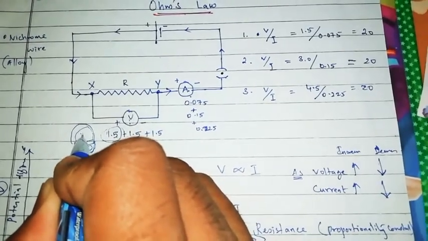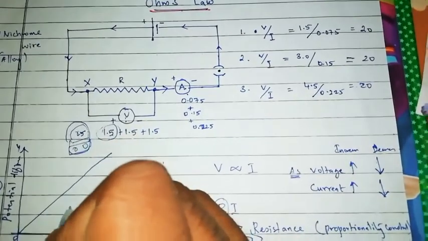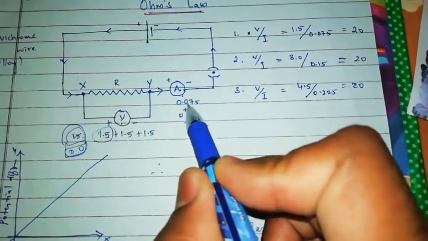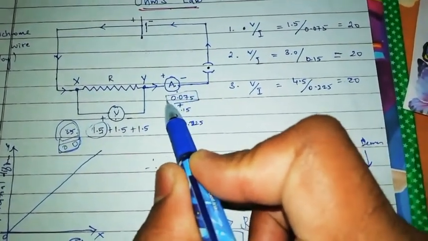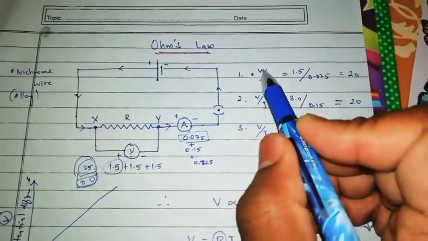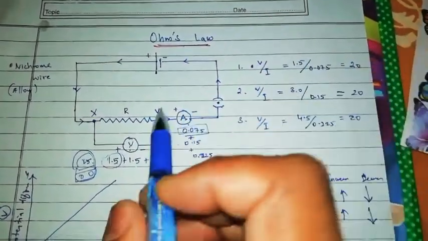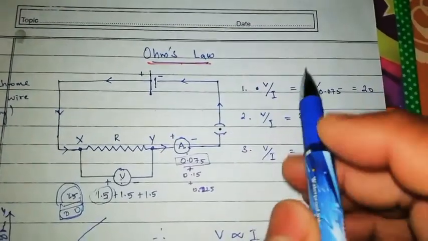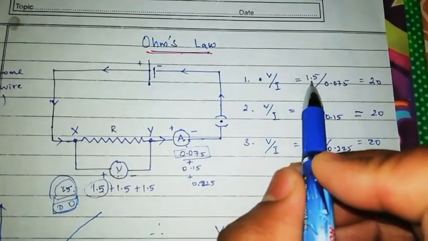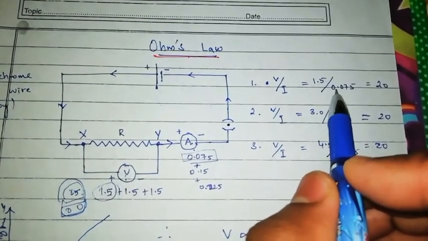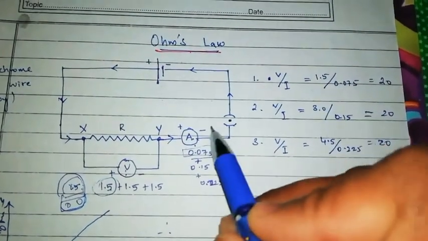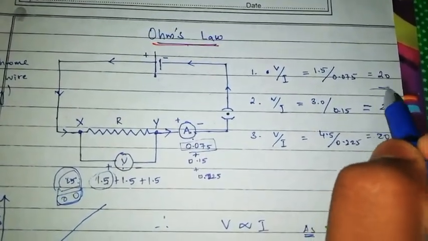And in the ammeter it shows 0.075. That means when 1.5 volt is applied, it shows 0.075 current on the ammeter.